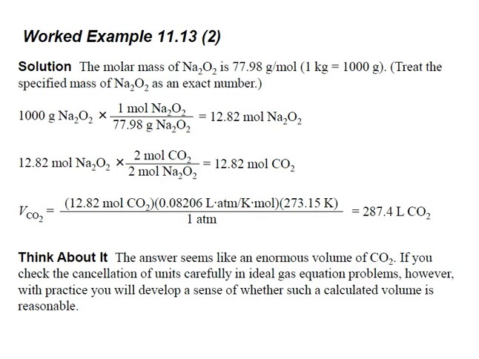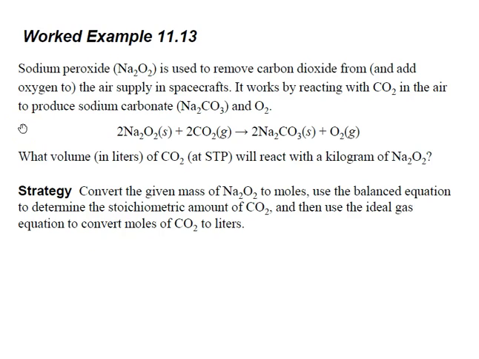So our molar mass, just straight from the periodic table, 2 sodiums, 2 oxygens, 77.98 grams per mole. We can treat the specified mass of sodium peroxide as an exact number. 1 kilogram is 1,000 grams. And it was asked for with a kilogram.